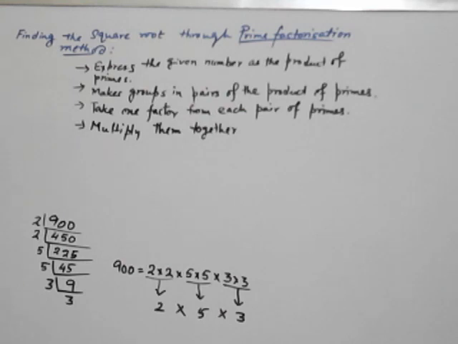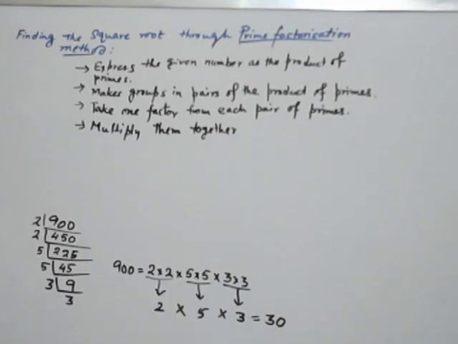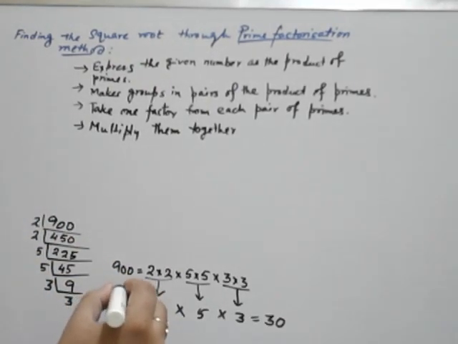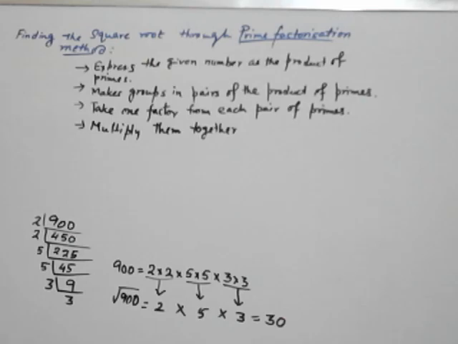What is the result? The result is 30. So 30 is the required square root of the number 900. So the square root of 900 is 30.